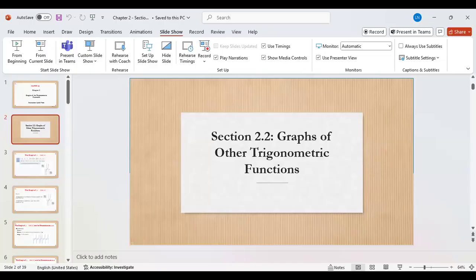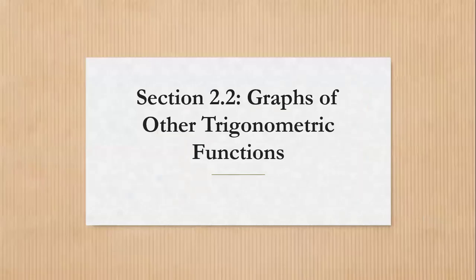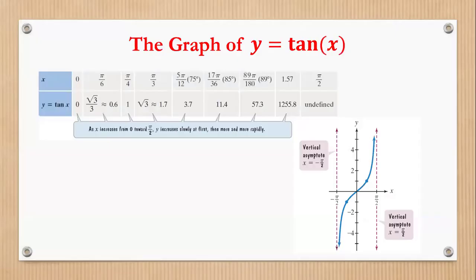In this video, I want to talk about graphing other trigonometric functions, specifically graphing tangent and cotangent. Again, like what we said for graphing sine and cosine, the easiest way, and the first method that we learn for graphing any function, is just creating a table of values.